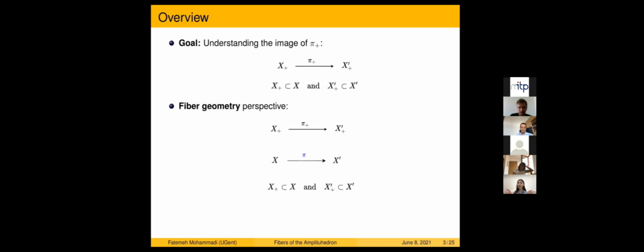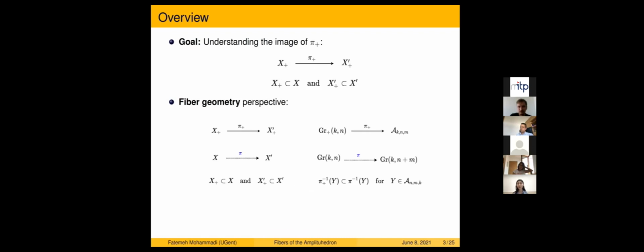You take any point in the image and look at the pre-image of those points, under both pi plus and the map pi. Then you would like to see what sort of geometric properties these fibers have. We will later see more concrete definitions of positive geometries, but from that perspective, we want to see that these fibers are themselves nice and form positive geometries as well.